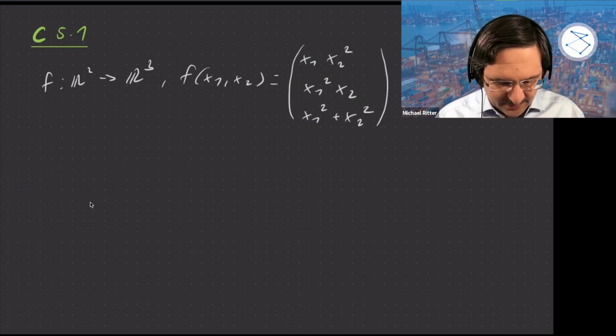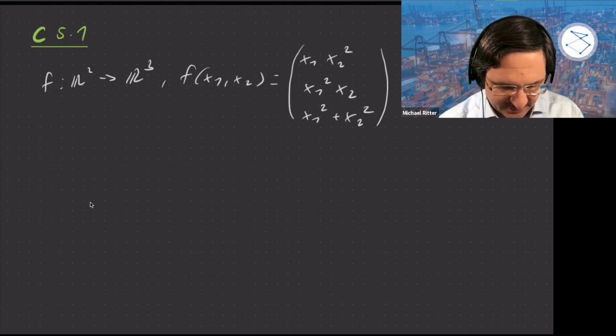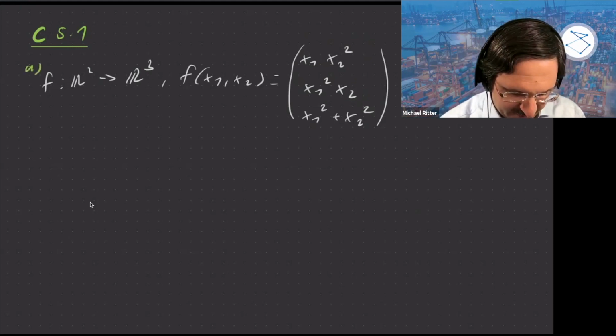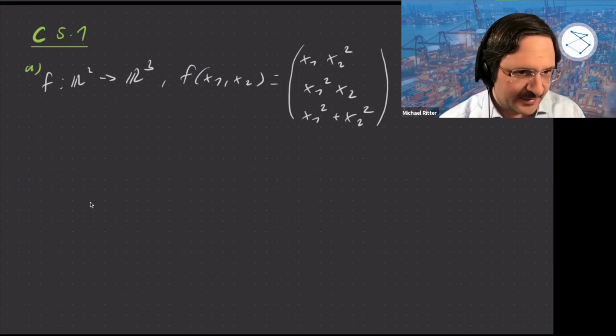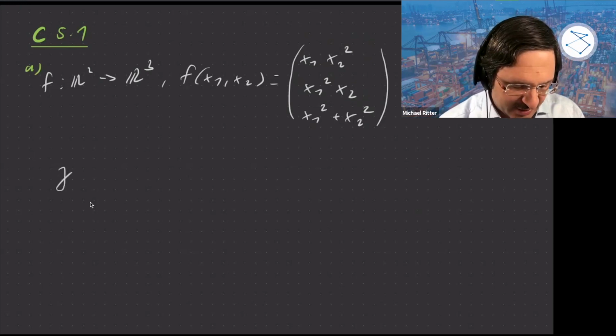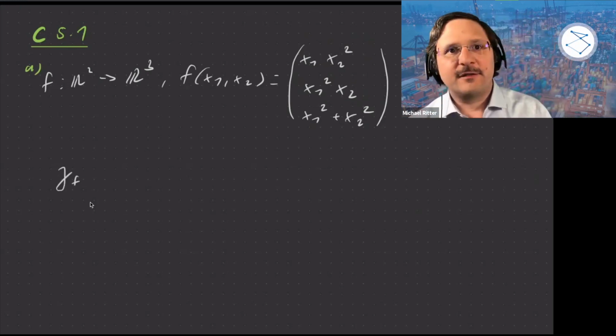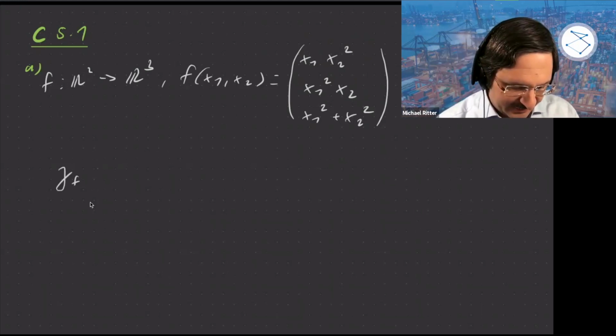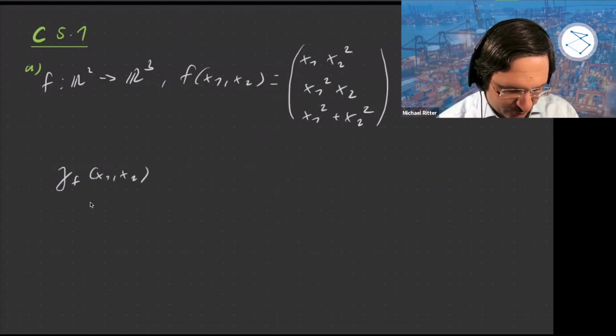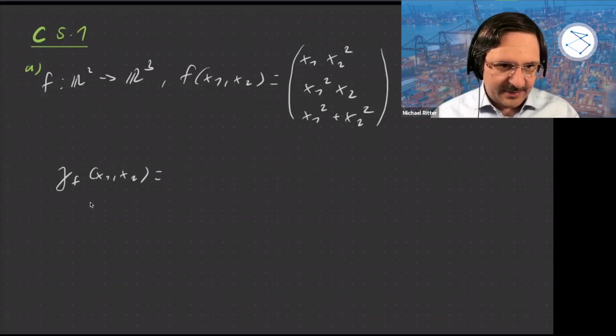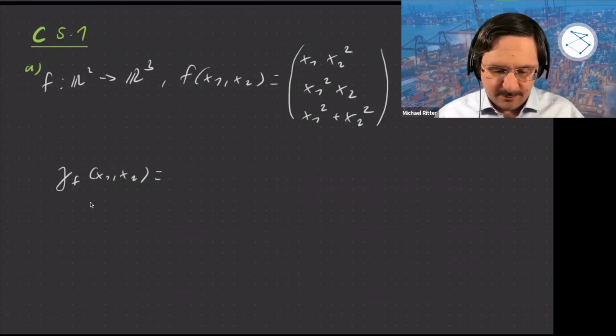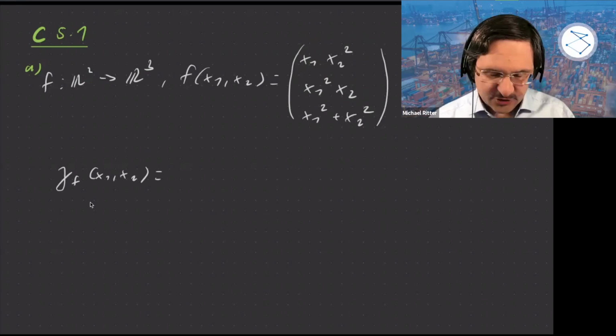So the Jacobian of that function here, let's start with, well, that's A, by the way, part A. Let's start with that. That's usually denoted by J for Jacobian, and then the function f as an index at the point x1, x2. That's simply obtained by taking the partial derivatives of these coordinate functions.